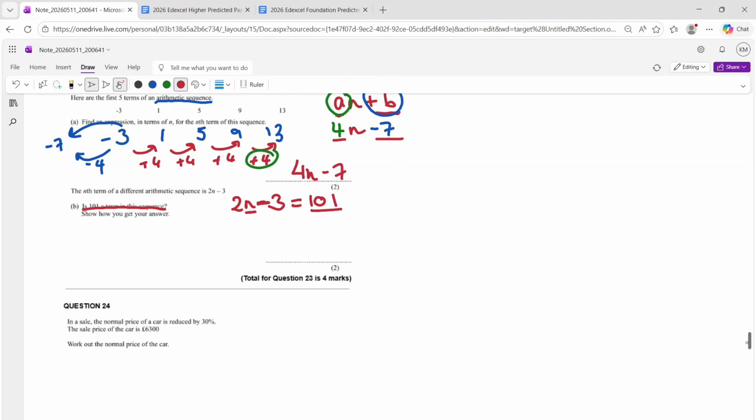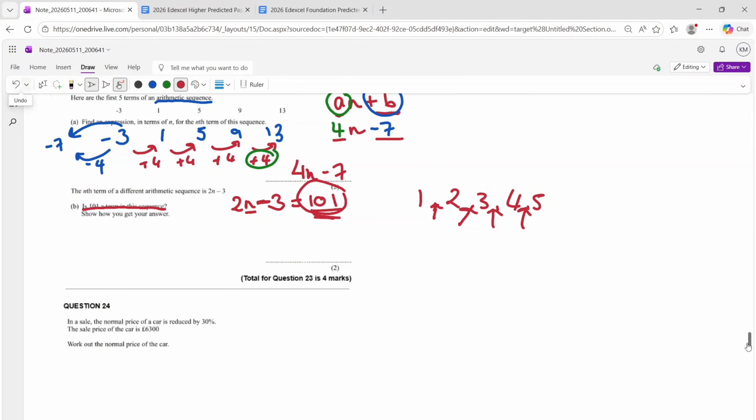Now, if I get n as 2.5, for example, or as a decimal, then this can't be in the sequence because you can only have like the first number, the second number, the third number, the fourth number, the fifth number. So if you get anything in between here, when you solve that, you know this number can't be in the sequence. So that's why you equal it to the nth term.